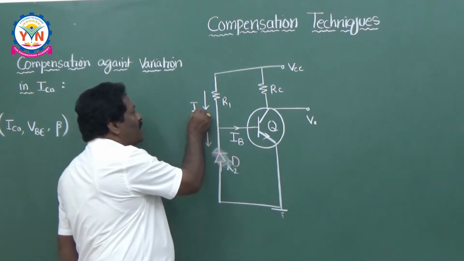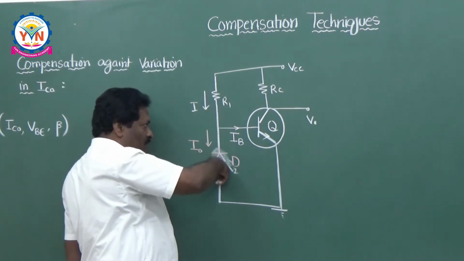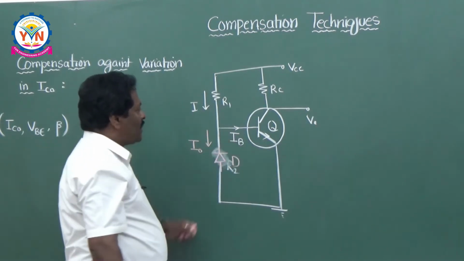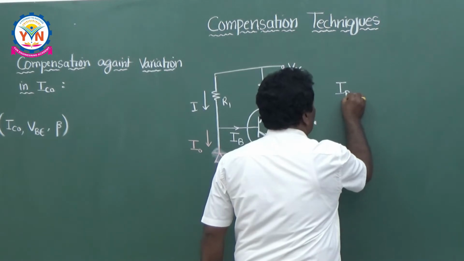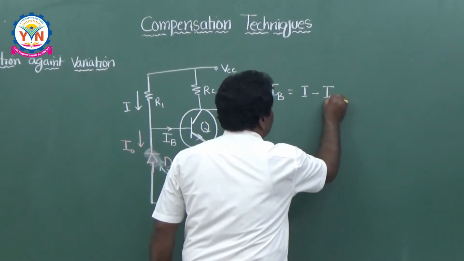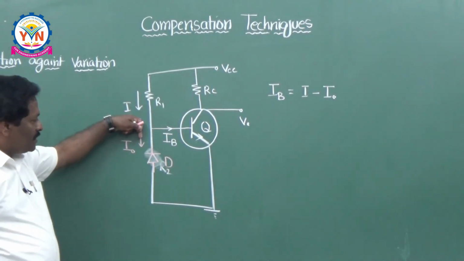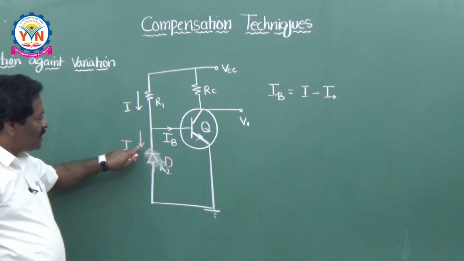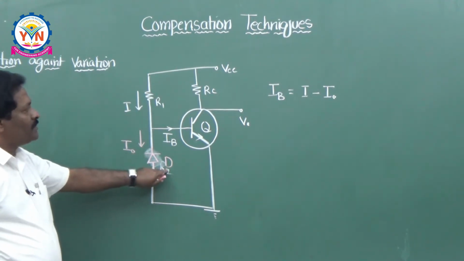Here the total current is I, out of which I naught is actually going through this diode, and this is IB. So I can write here IB, base current, is equal to total current I minus I naught. I naught is nothing but the reverse saturation current, that means the current in the reverse biased condition of a diode.